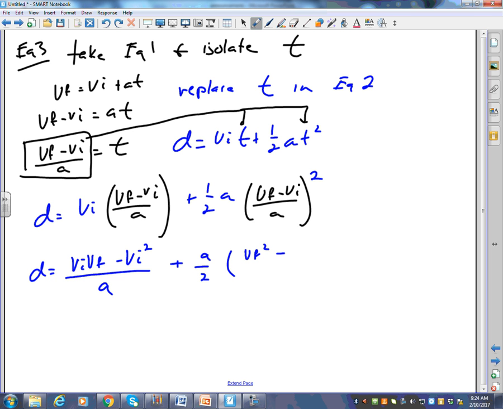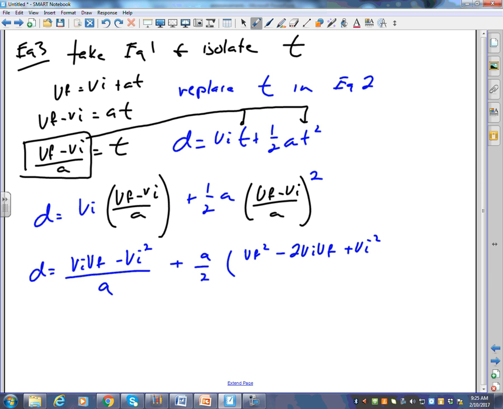We usually put the Vi first in this case. So that's minus 2 Vi Vf. And I'm going to end off with minus Vi times minus Vi, which is plus Vi squared. So I just FOILed that.